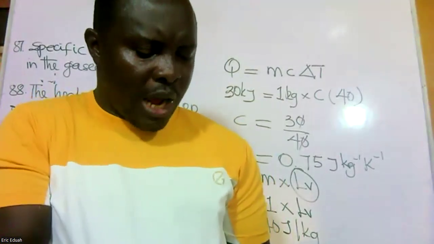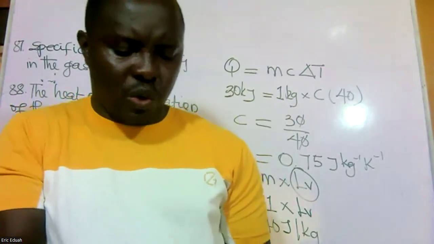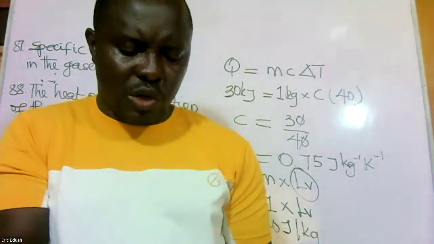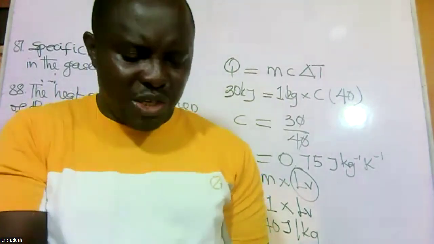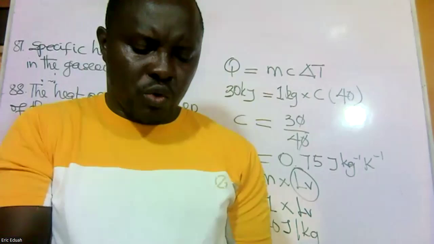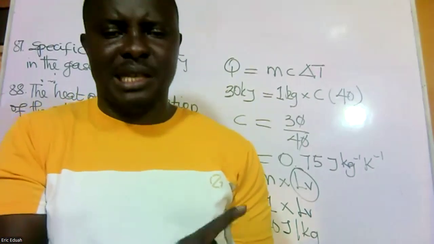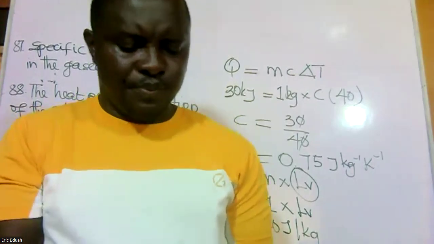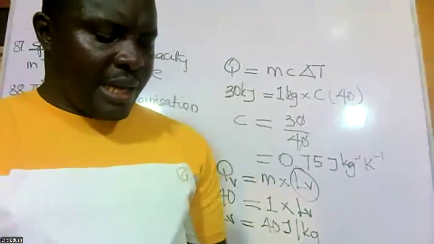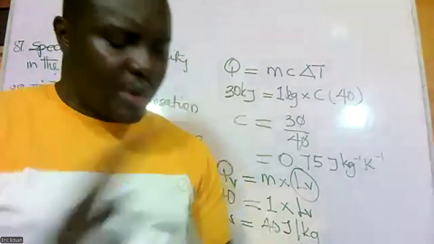So from 110 to 90, we have change of state. So the quantity of heat energy used for this change of state from solid to liquid, or from liquid to solid, will be 110 minus 90, and that will be 20. Then from 90 kilojoules to 70, we have complete liquid.